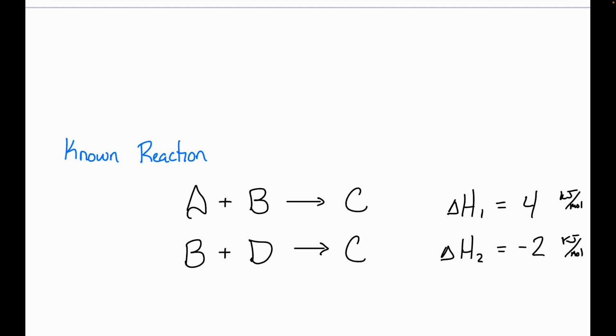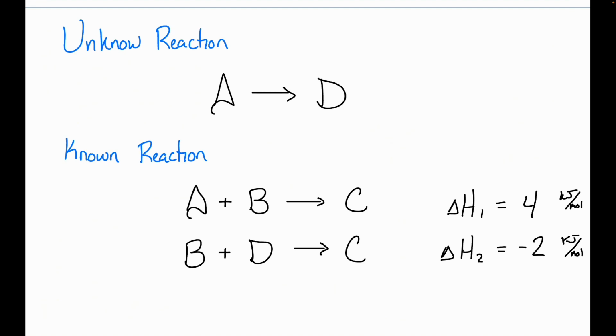So these are two reactions that we've studied before. But now we have this unknown reaction where A is being converted to D, and we want to know the delta H of this reaction.